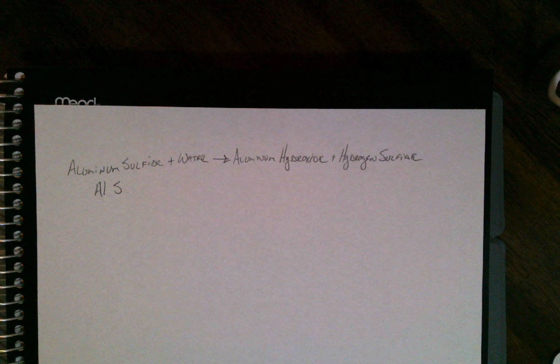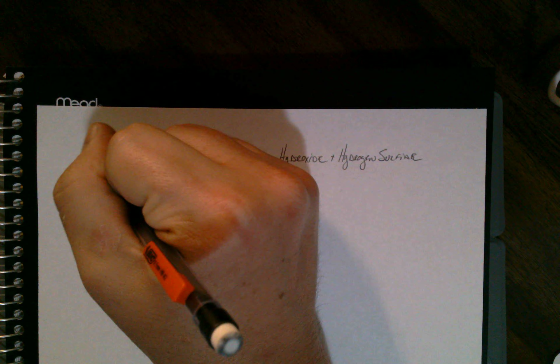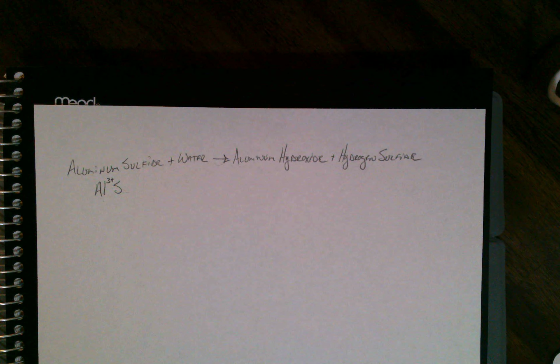So aluminum, based on its position, we know that it's going to lose 3 electrons. So it is 3 positive.